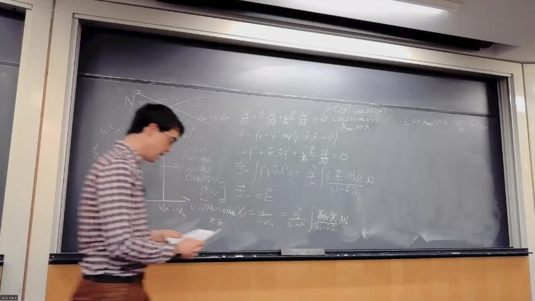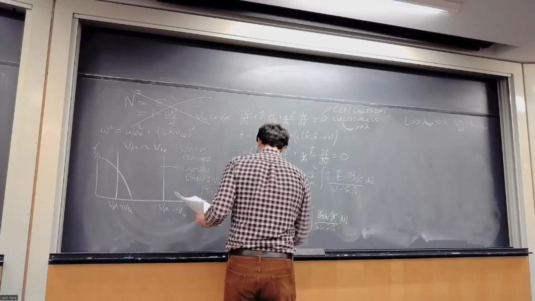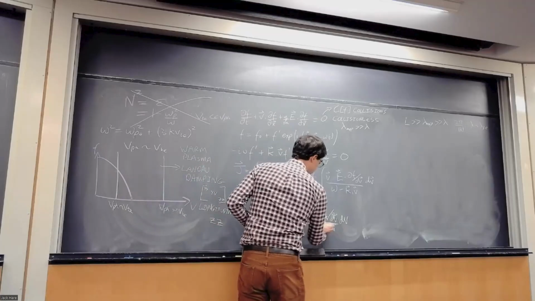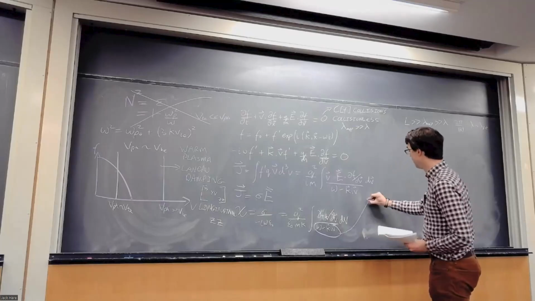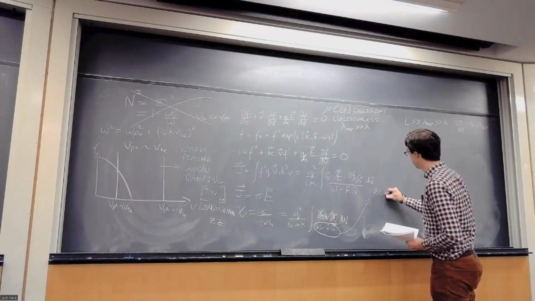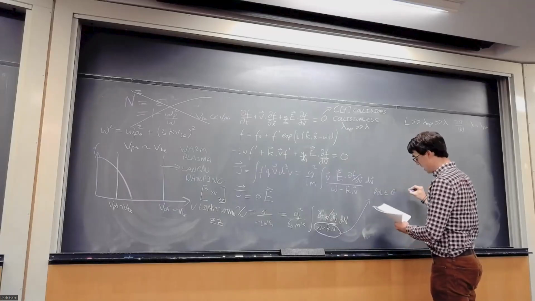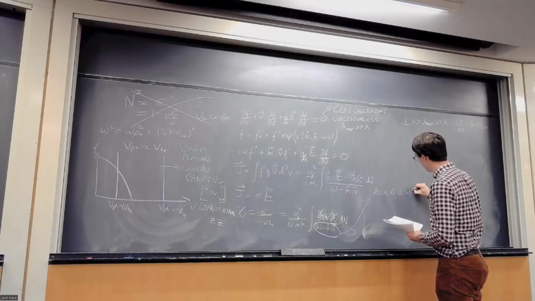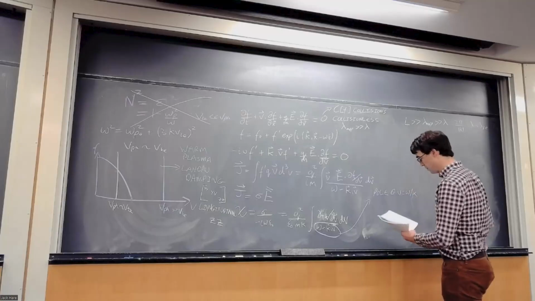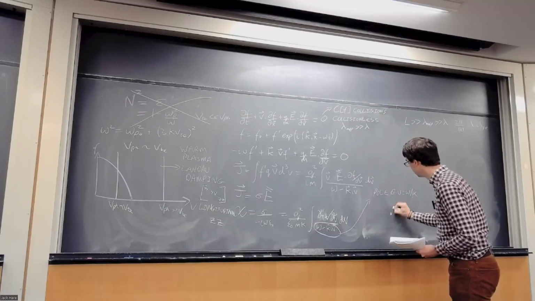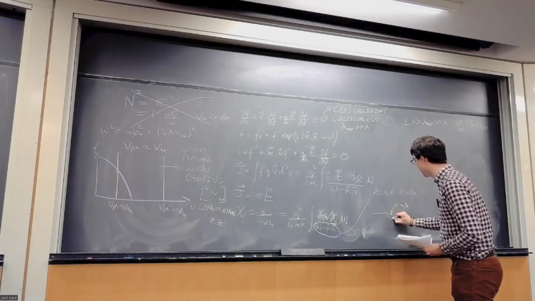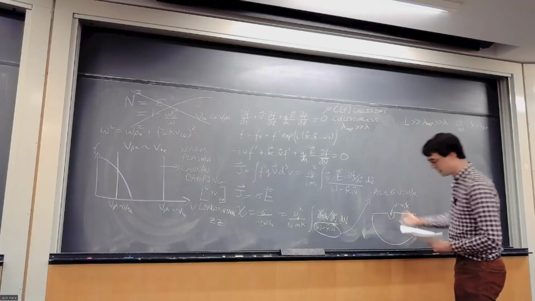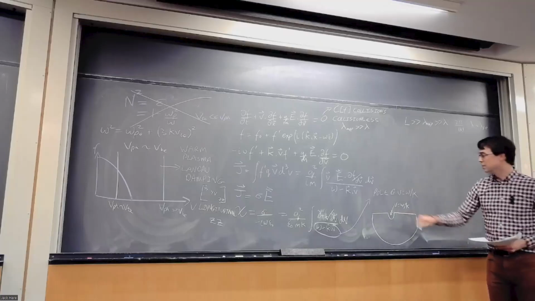When you do this, you remember that there is a singularity in the denominator here, and you have to be careful. There's a pole at v equals omega upon k, and then you do your integral in the complex plane, and you close it so that you don't go around this pole.